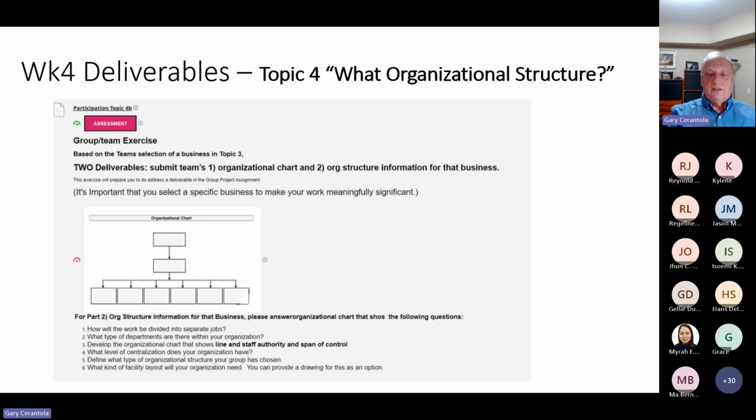We're going to talk in the coming slides about unity of command, which means that the message goes right from the top and through the organization, so that's what the employees hear. So that's line and staff authority, because it's command and control. And span of control, we're going to talk about in other slides.